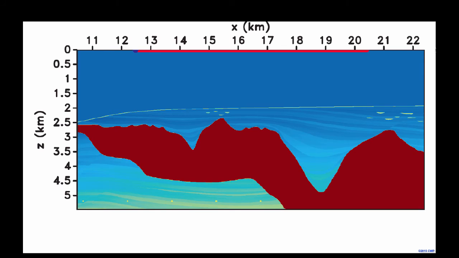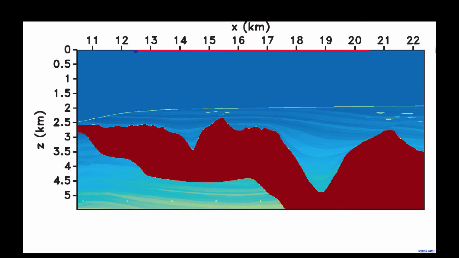Now, for more complex models, like the Sigsbee model, we can visualize how the image will look for one single experiment, for a shot. You can see here the shot configuration, the source location by this blue dot on the surface, and a line of receivers represented by this red line.